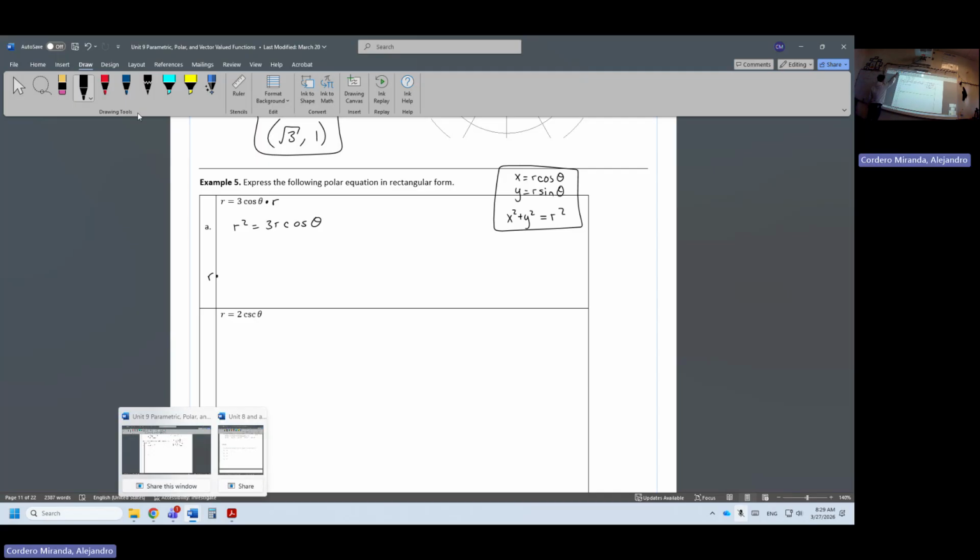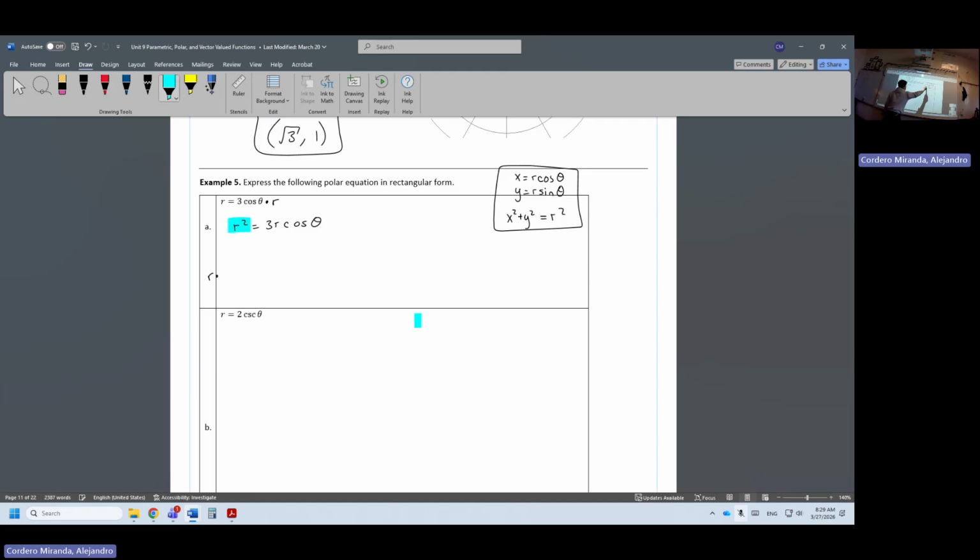And I have identities for both of these. R squared is this dude. And r times cosine of theta is that dude in yellow. So I can change both of these to x squared plus y squared equals 3 times x. And now I've done it. Now it's in terms of x, y. Yeah, in fact, let's just leave it there.